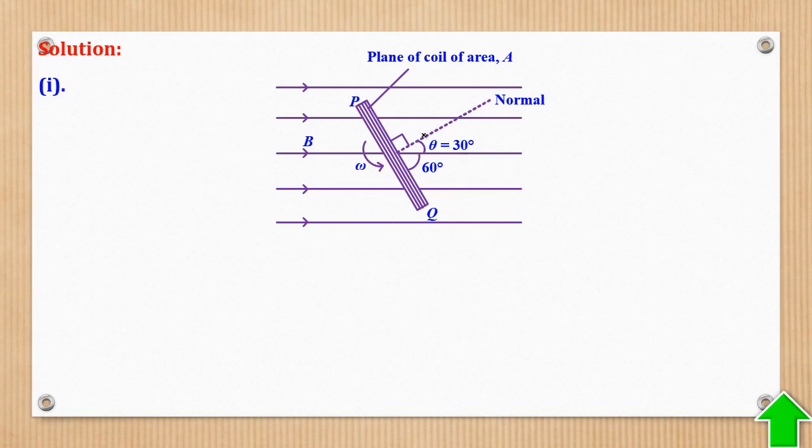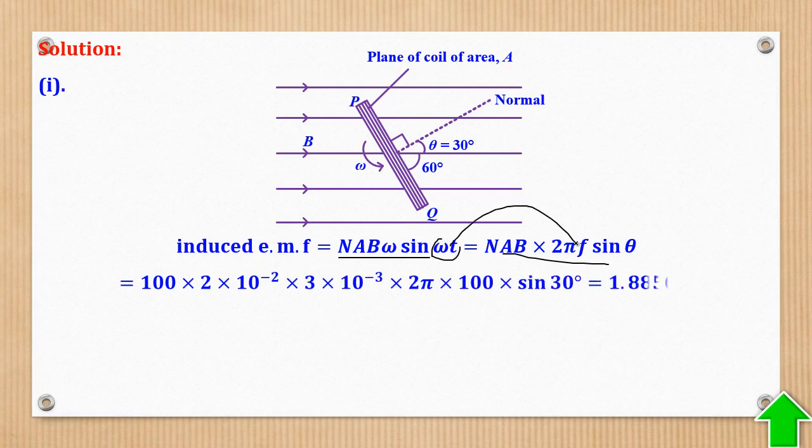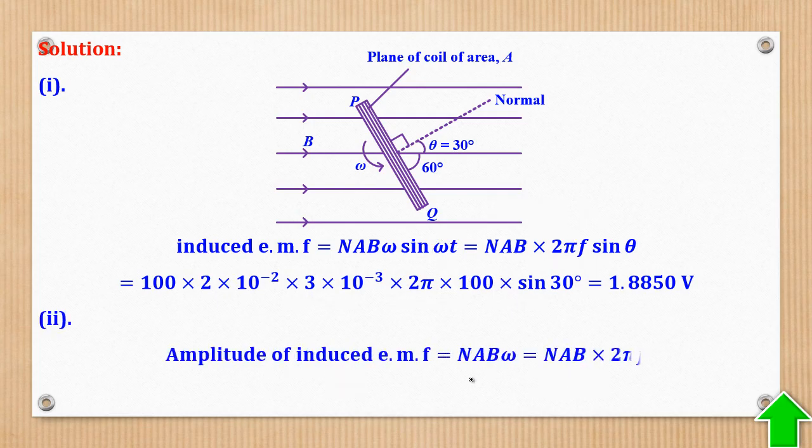So don't make a mistake. So the EMF is this, which is the same as that, because ωt is the same as θ. So I'll substitute now NAB 2πf and sin θ, which is that. For (ii), the amplitude is NABω, which is that.